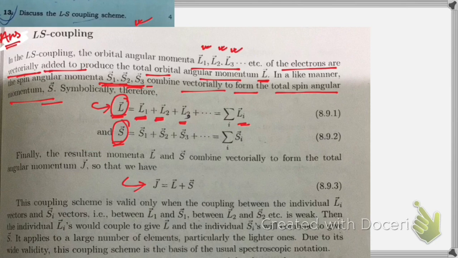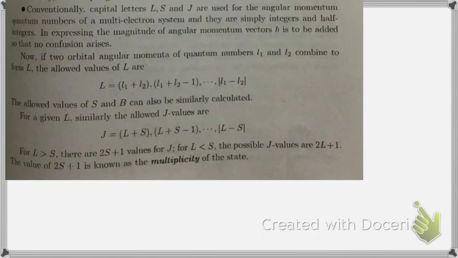Now let me go to the next slide. Here I have written what L, S and J represent. The allowed values of L are from L equal to L1 plus L2, then L1 plus L2 minus 1, and so on down to the modulus of L1 minus L2.